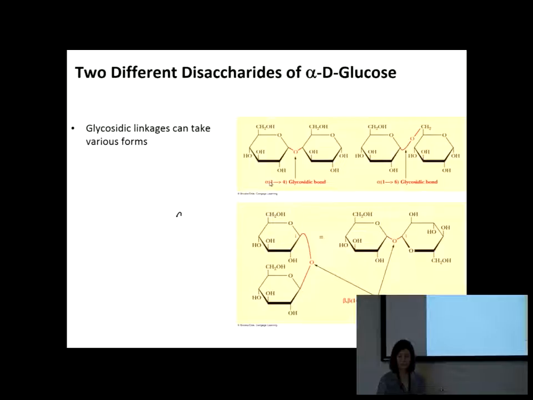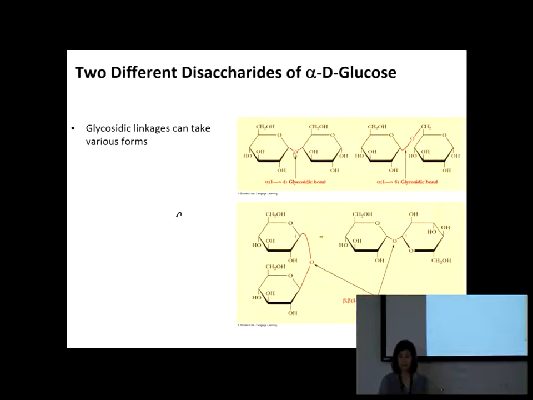We're going to first say, is the OH on the sugar that has the anomeric carbon in the glycosidic bond alpha or beta? When you're naming the bond in polysaccharides and disaccharides, you first identify the sugar that is in the glycosidic bond. You find out whether the OH is pointing down or up, and that's what this alpha has to do with.